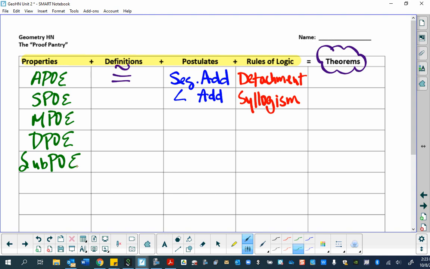When you open up the pantry, it's all the stuff that you have a possibility of using. Make sense? Go. What is combining like terms? Combining like terms, we can call that one of our properties. Go ahead. Anything else? All right, take 5 minutes. Go.